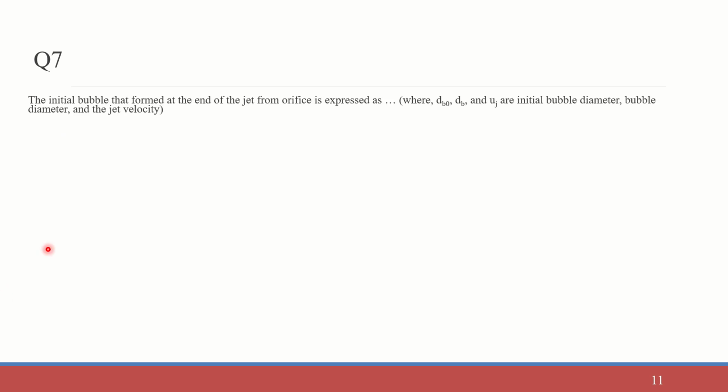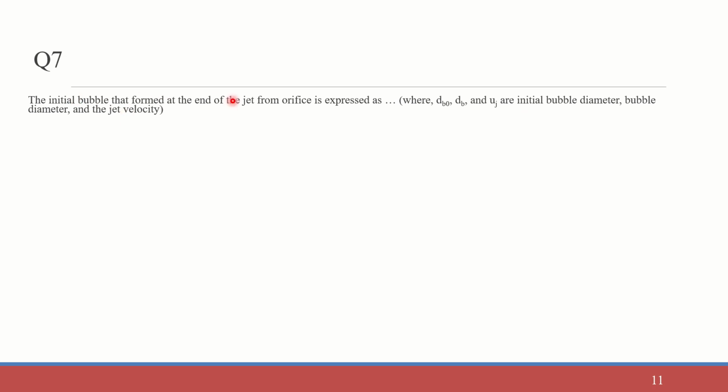In question 7, the initial bubble that formed at the end of the jet from orifice is expressed as dash, where dB naught, dB, Uj are initial bubble diameter, bubble diameter, and jet velocity.